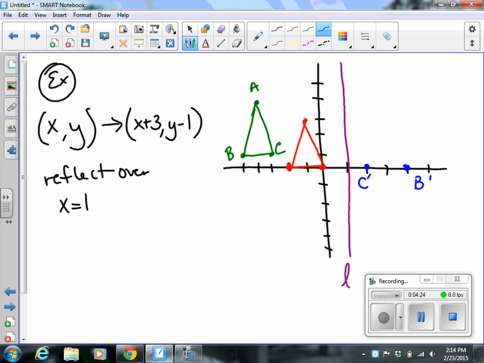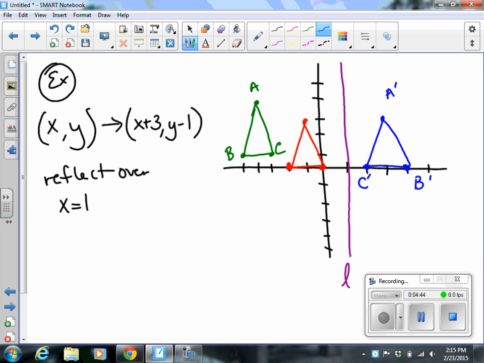A is 1, 2 away, so I go 2 to the right. So now I can see that I've got my A, B, and C as my pre-image, and my image is then A prime, B prime, C prime.